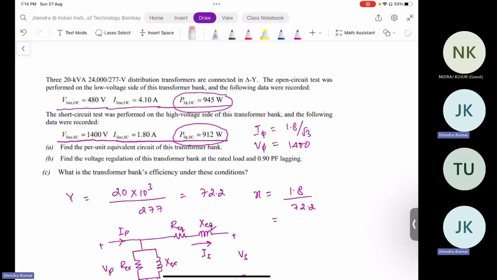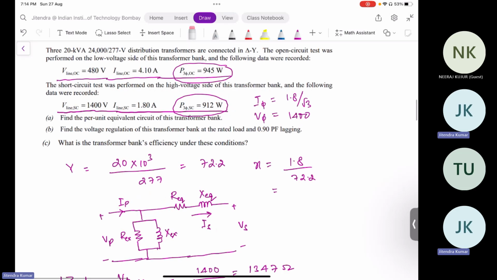So basically, we are given the losses, the voltage and the current.